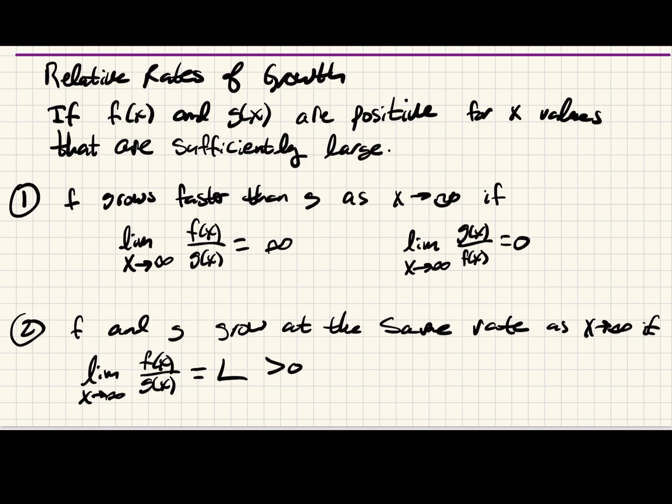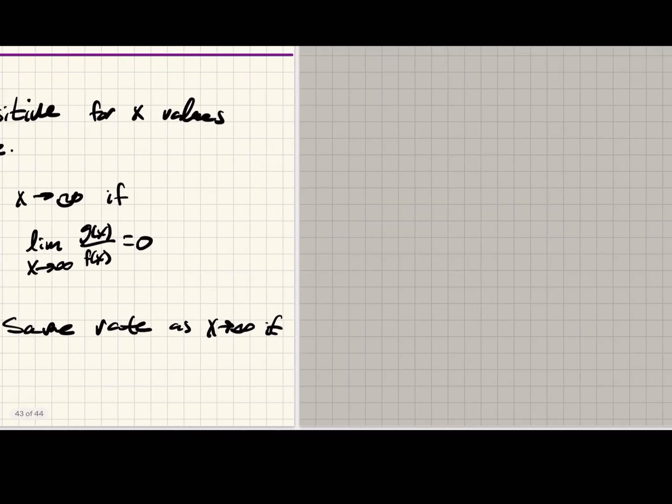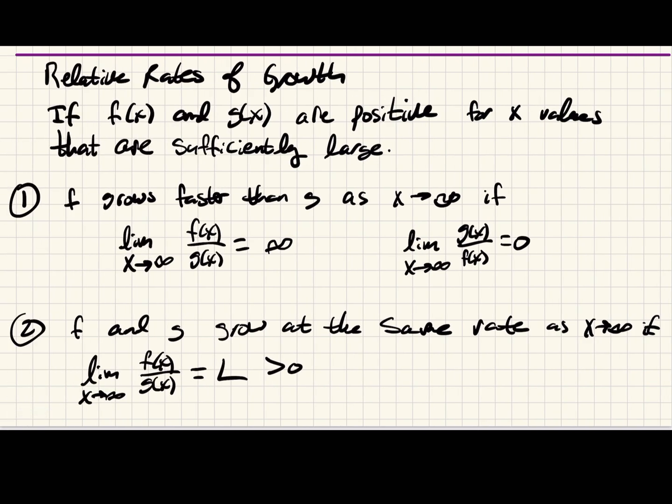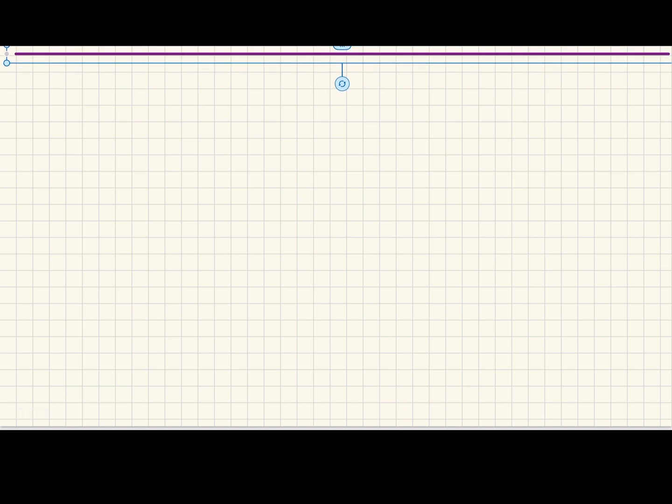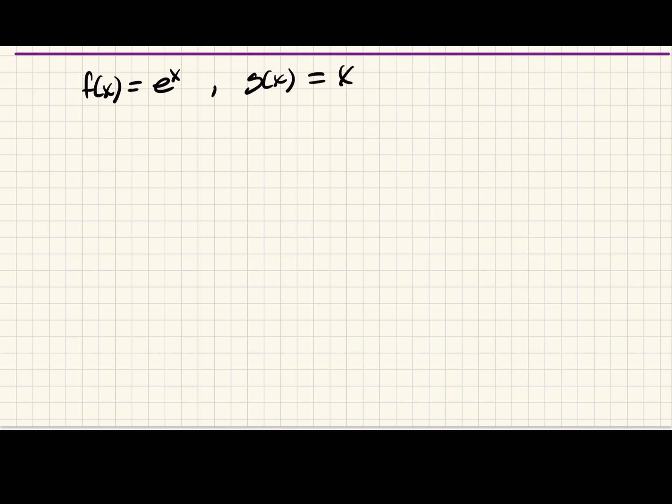Okay, so what might be some examples of this sort of thing? Well, let's see. So let's look specifically at f of x equal to e to the x and g of x equal to x squared.